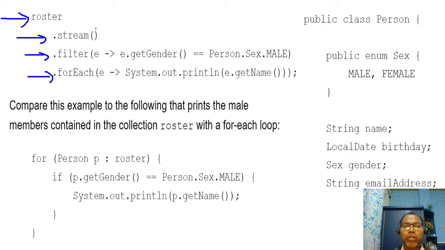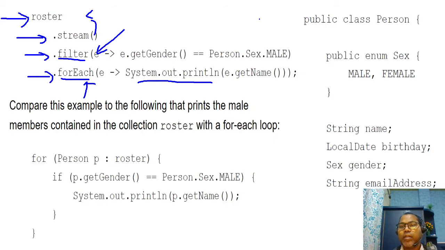So you start the stream from your source, and these are your intermediate operations. Finally, you are just printing your value with forEach. The filter and forEach functions are known as aggregate operations.